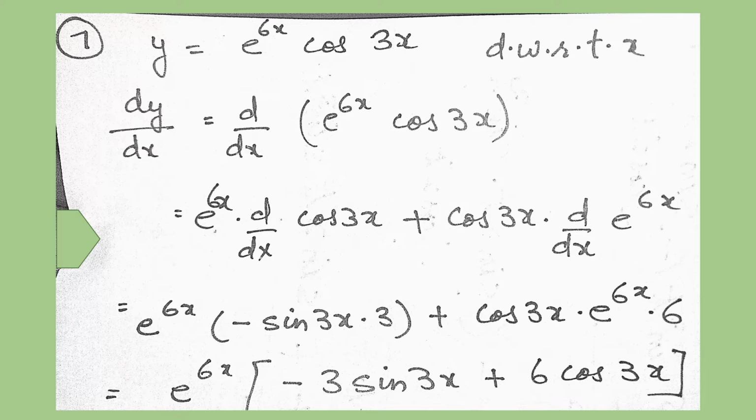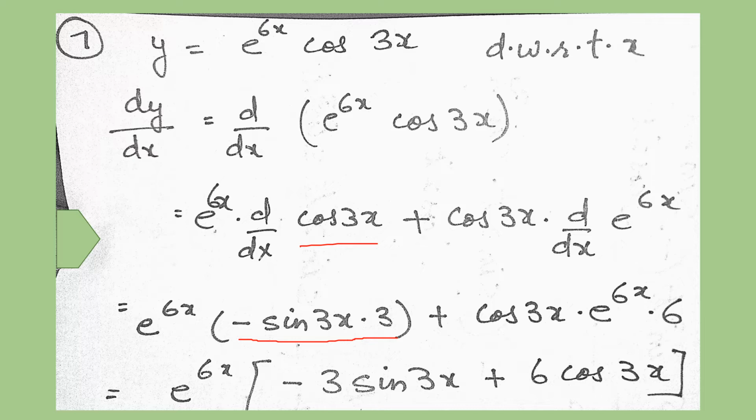So e power 6x now as it is. What is the derivative of cos 3x? It will be minus sine 3x multiplied by 3. I repeat, please don't forget 3 because derivative of cos 3x is minus sine 3x, but you have to calculate the derivative of 3x again, which will be 3, right?